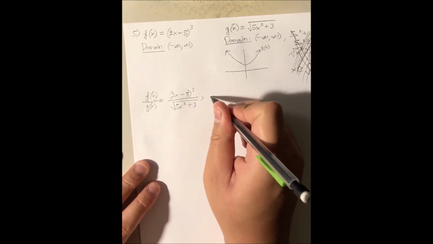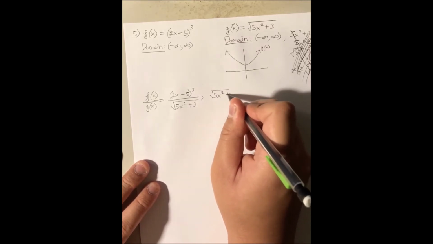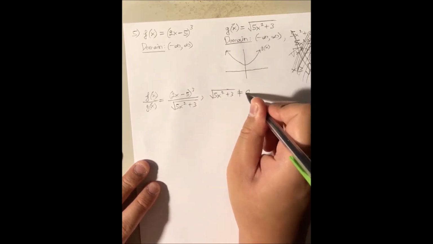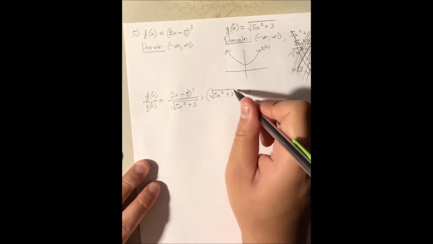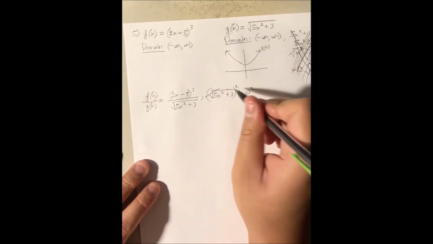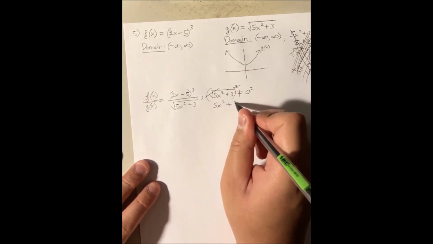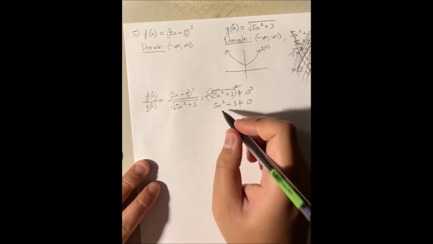So let's try that. We take the denominator, 5x squared plus 3, and set it not equal to 0. Take the exponential power of 2 on both sides. We got 5x squared plus 3 cannot be equal to 0.